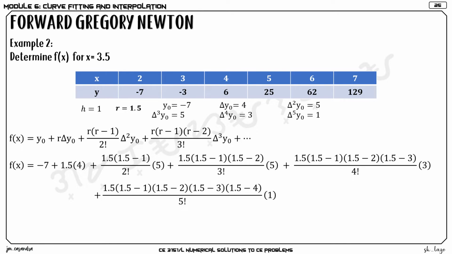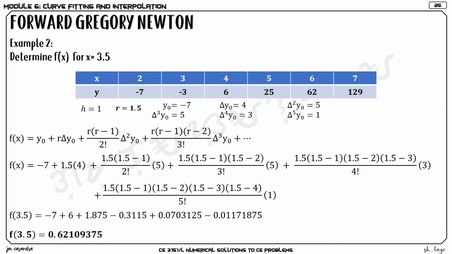So simplifying this equation, we get now the function of x equal to 3.5 is equal to 0.6210937.